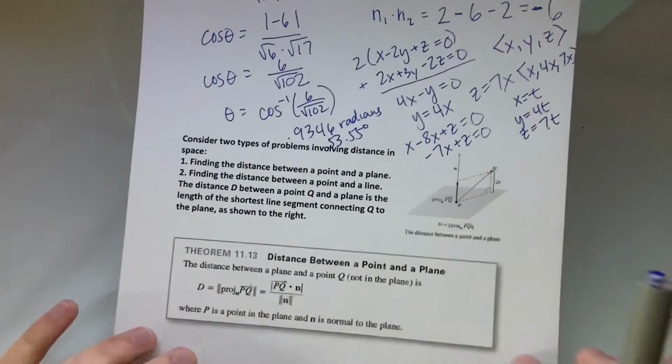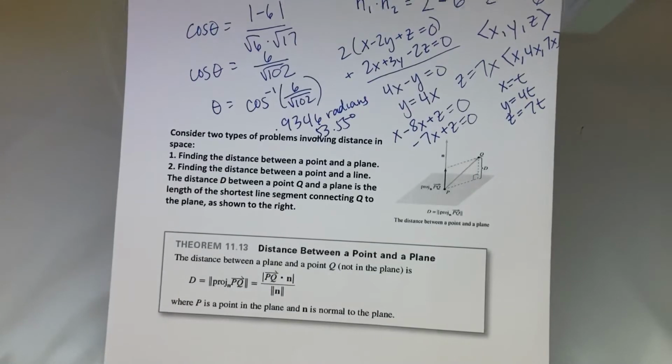Okay, so let's consider two types of problems involving distance and space. It's not too hard to find the distance between a point and a line, but we can also find the distance between a point and a plane. The distance between a point and a plane is the length of the shortest line segment connecting the two.